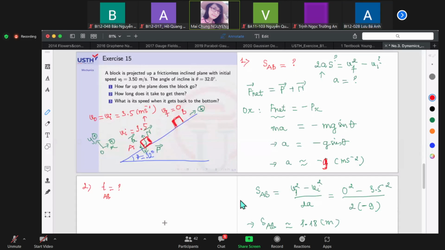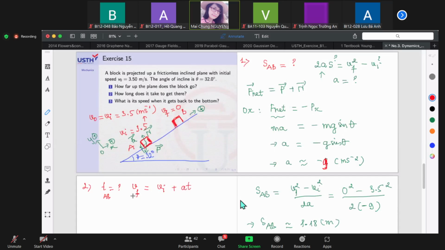Compute for the time. Think about the equations in chapter 1. We have the 4 basic equations, right? So which one do we apply to compute for t? I think I will apply the equation that time equals the final velocity minus the original velocity, divided by the acceleration, with the AT.